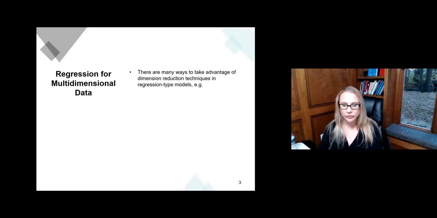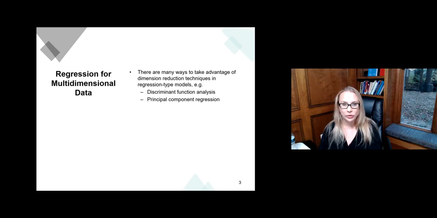With respect to regression with multidimensional data, there are many ways to take advantage of the dimension reduction techniques in regression type models. Some examples are discriminant function analysis, which we have another video about.